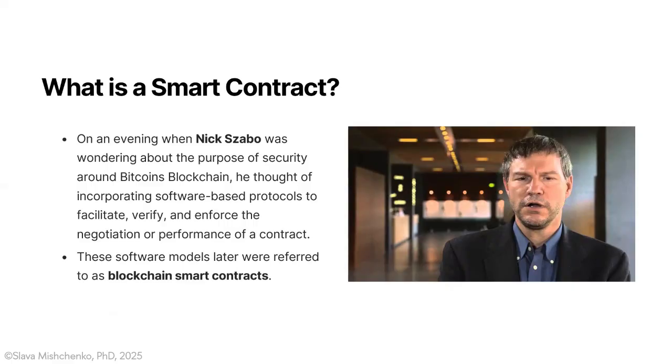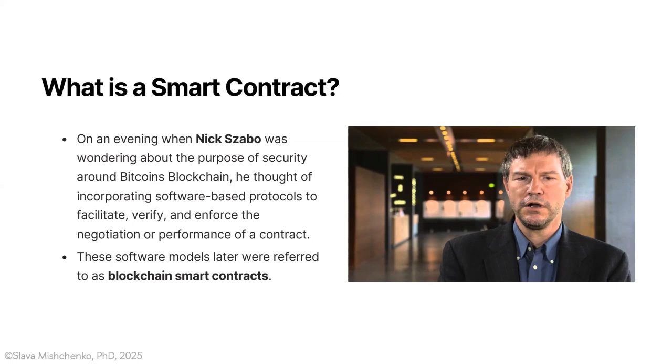Now I want to introduce you to one of the most revolutionary concepts in blockchain technology, which is called smart contracts. The story begins with the brilliant computer scientist named Nick Szabo, who, while pondering Bitcoin blockchain security, came up with this innovative idea.